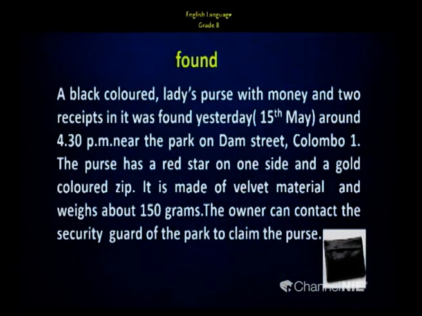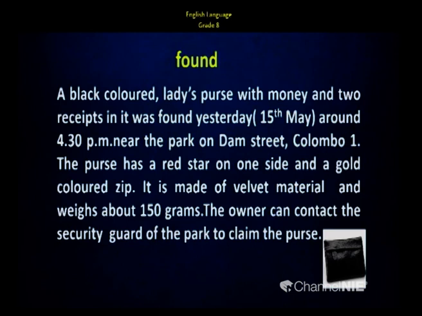This is a found notice. Found. They have found it very happily, right? So can you read this for our children, Miss Niranji? Yes, a black colored lady's purse with money and 2 receipts in it was found yesterday, 15th of May, around 4:30 p.m. near the park on Dam Street, Colombo 1.